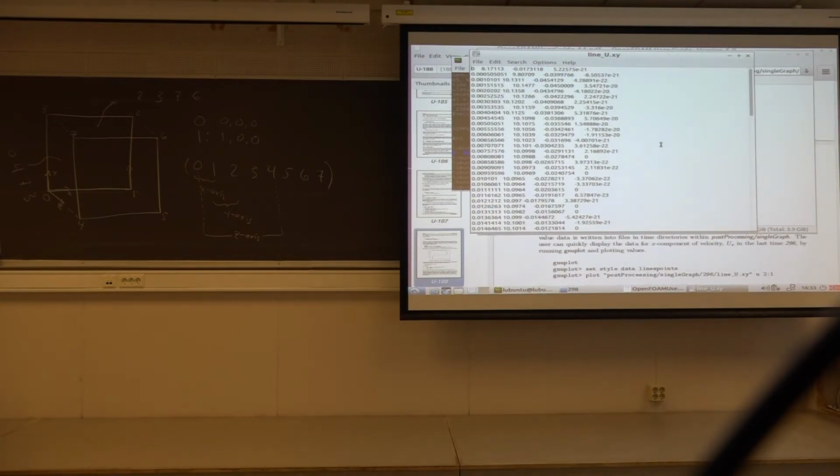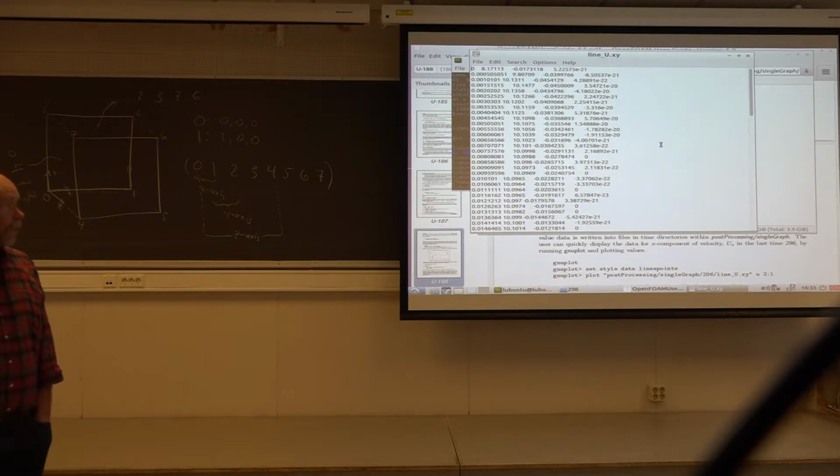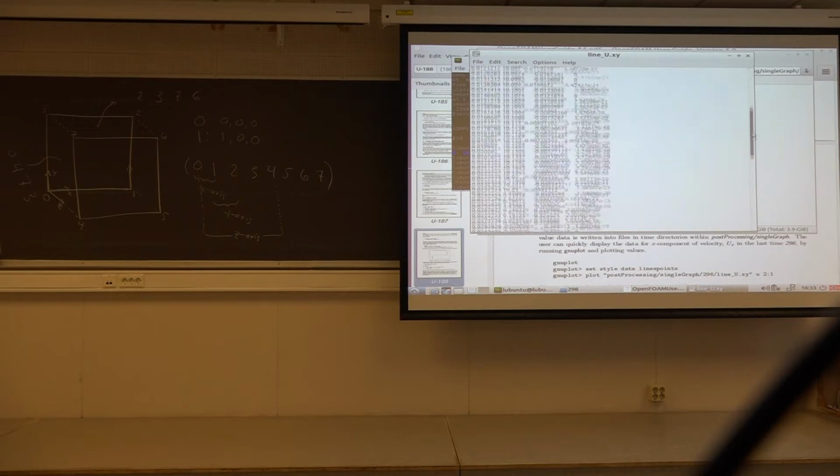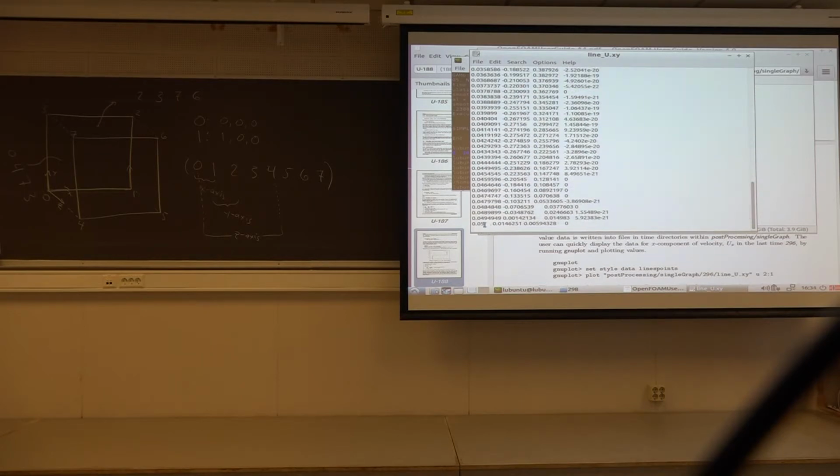So here you will have just a data file. The first number is the position along this line that you have specified, the starting point and the end point. So it starts with the position 0, that will be your starting point, and then it goes all the way up to the maximum, and here it was 0.05.